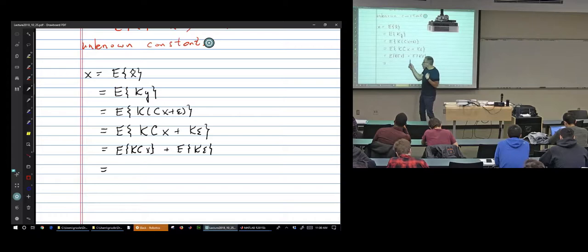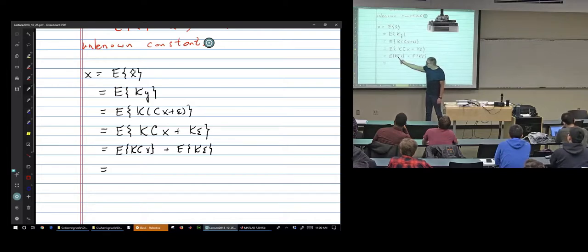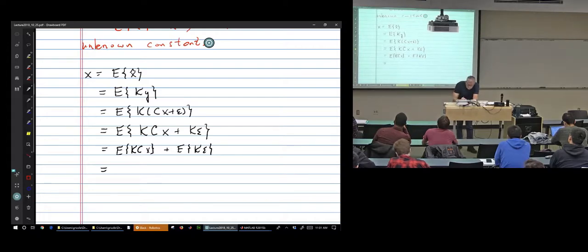Now, here's the thing. X is an unknown constant. So is C. C is a constant and K is a constant. So we can take all of this outside. So this part is KCx plus 0.